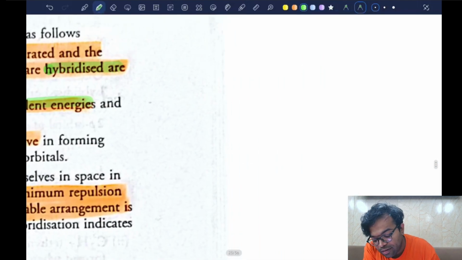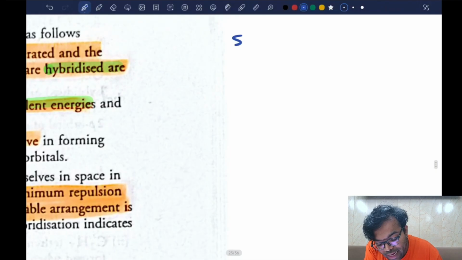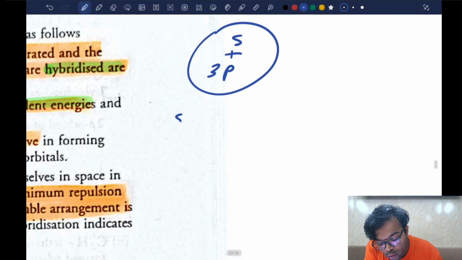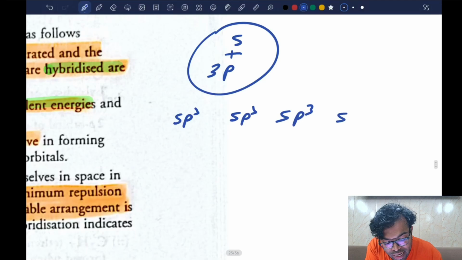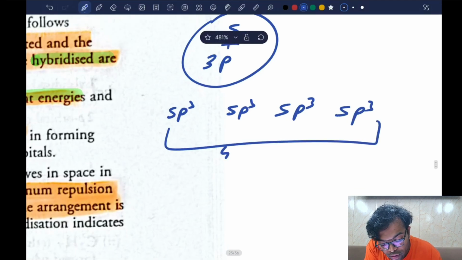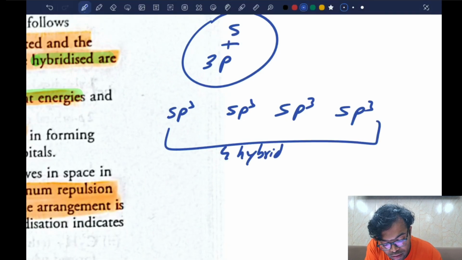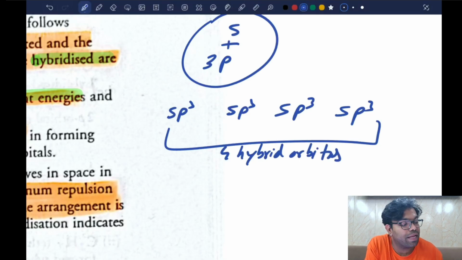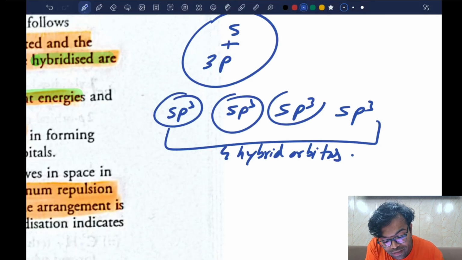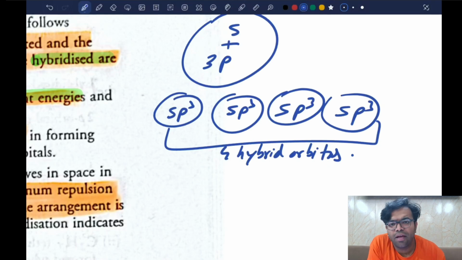Look at this: one s and three p orbitals combine to form four sp3 hybrid orbitals. And the fun thing is that all of them share the same energy level. Every single one of the four hybrid orbitals is going to share the same energy level.